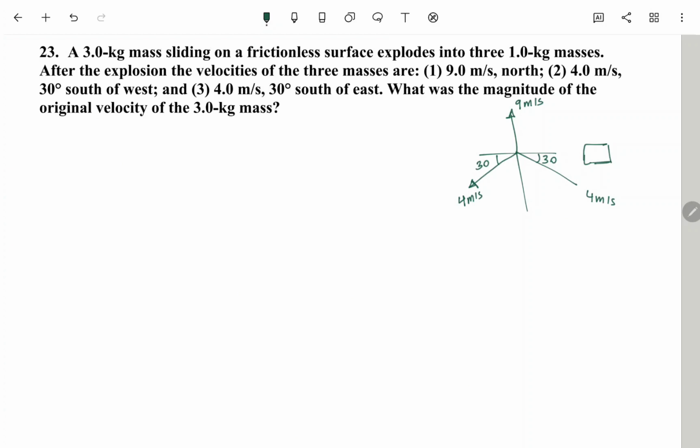Now, in this case here, we would like to calculate the magnitude of the original velocity of the 3 kilogram mass.